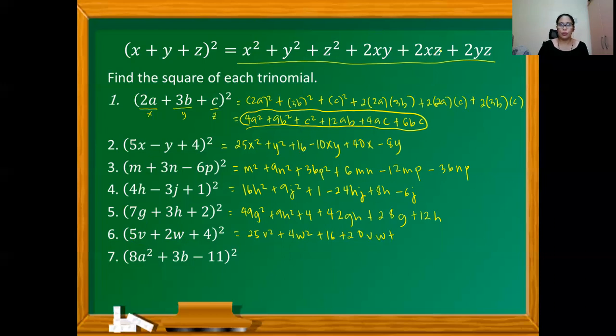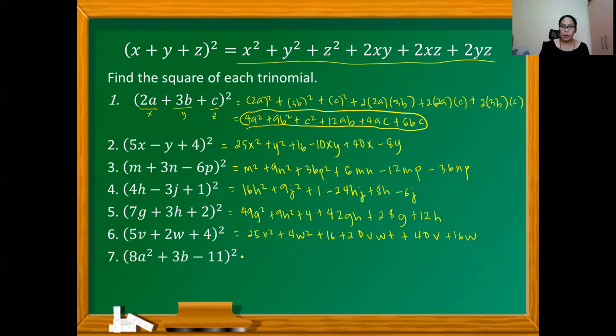And then 2 times the first term times the last term. So this is 2 times 5, 10 times 4. So this is 40v. And then for the last term, this is 2 times the second term times the third term. So this is 2 times 2, 4 times 4 is 16w.